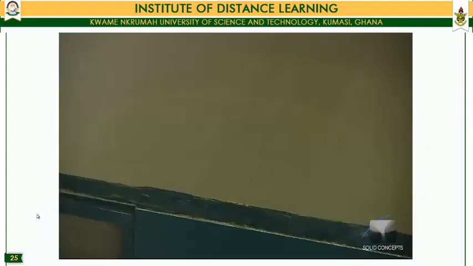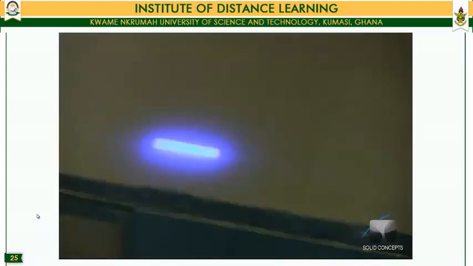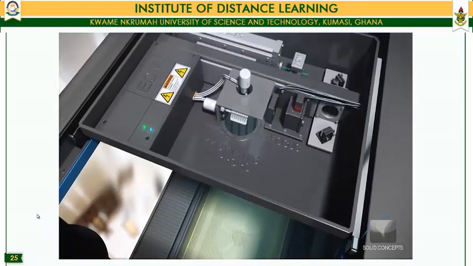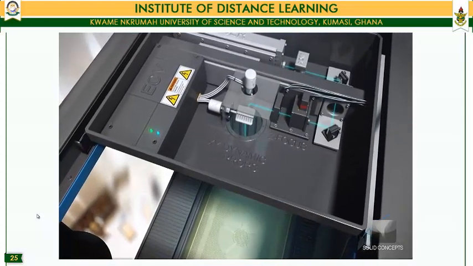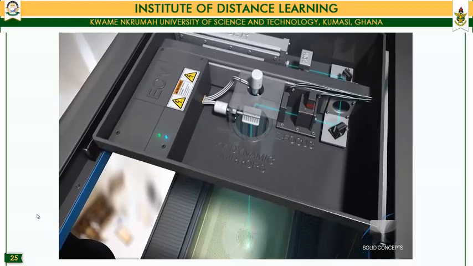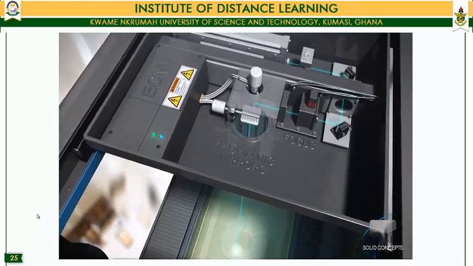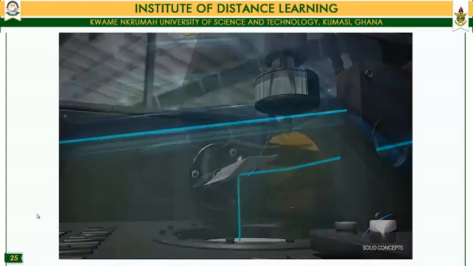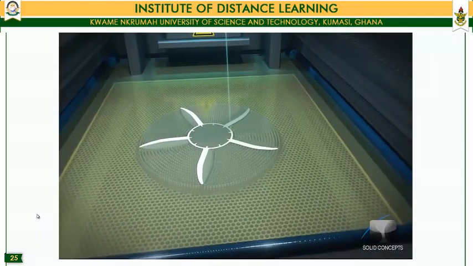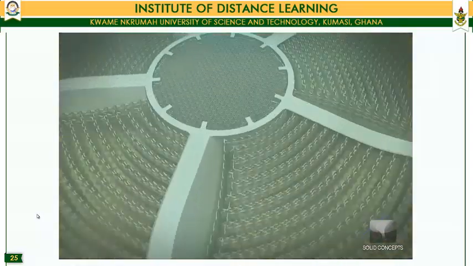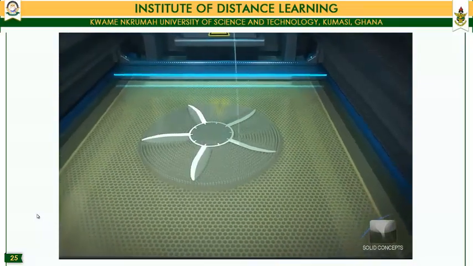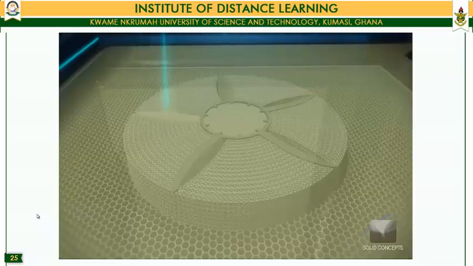The machine begins to build the part one layer at a time. Each layer is constructed from an ultraviolet laser that is directed by X and Y scanning mirrors. As the laser traces the cross-section on the surface of the resin, the liquid material is hardened on contact. Once the layer is complete, the build platform is indexed down to make room for the next layer.